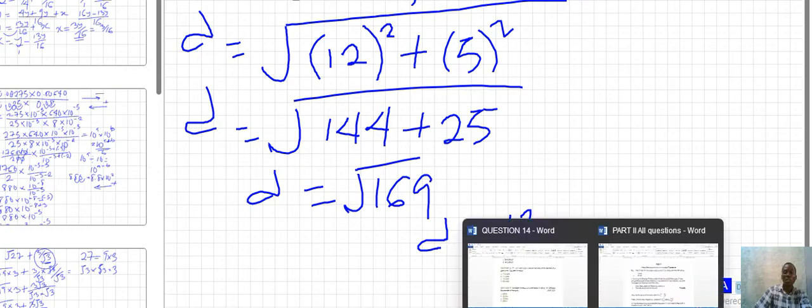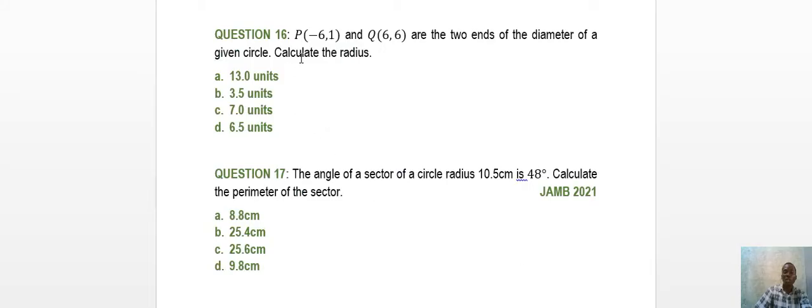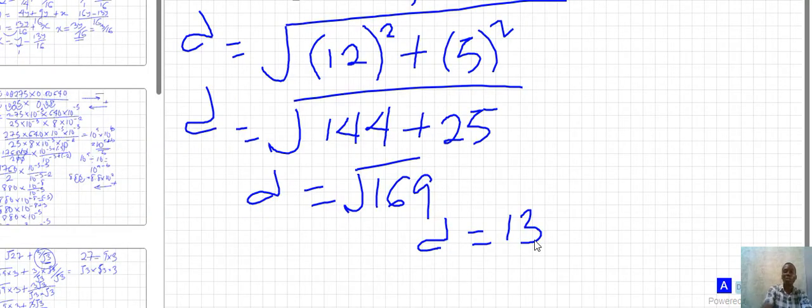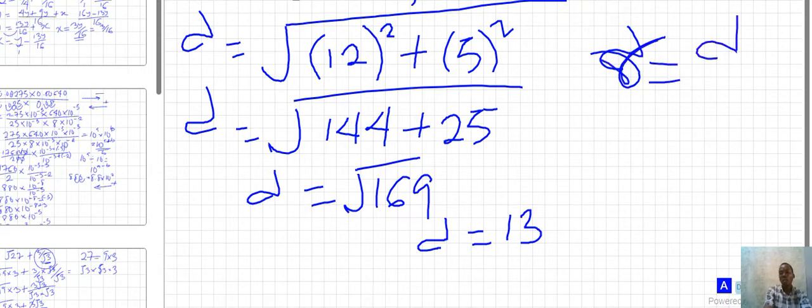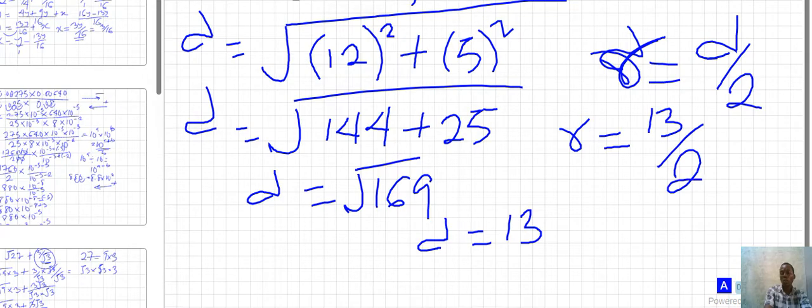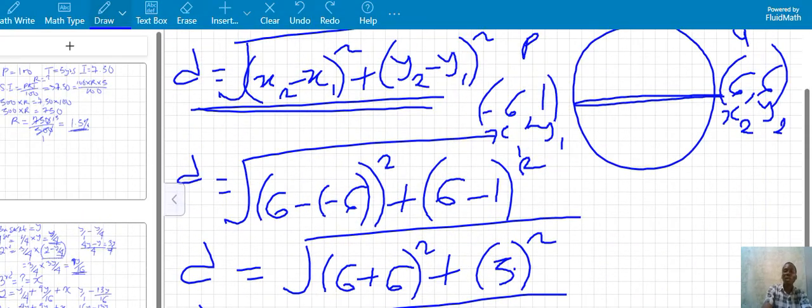Remember, the question says you should calculate the radius. Now, for us to calculate the radius, remember that radius is equal to diameter divided by 2. So our radius will now be equal to 13 divided by 2. Because if you have this diameter, the half of this diameter, from here to here, is the radius.